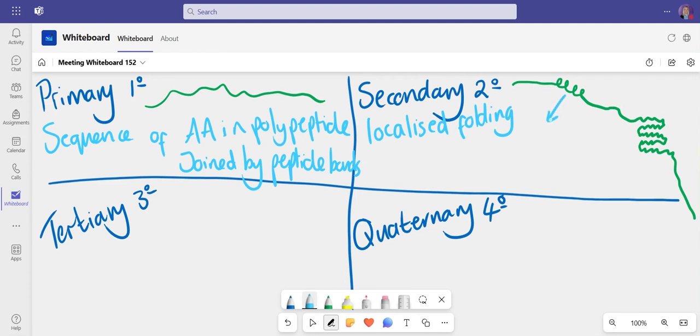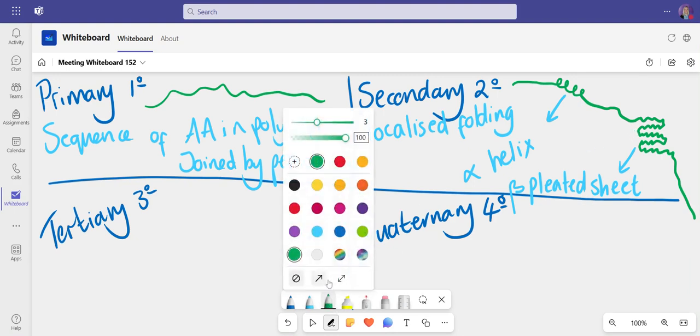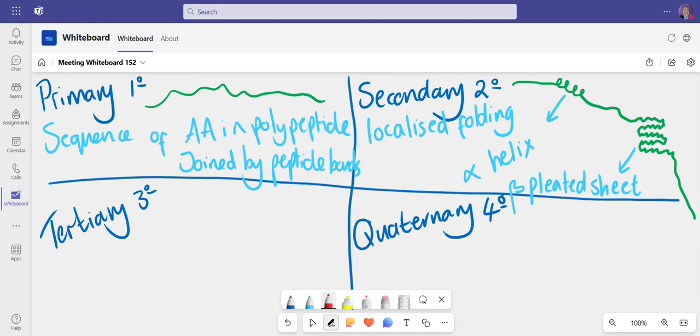We need to know a little bit about these structures. So this one here is called an alpha helix, and this one here is called a beta pleated sheet. So we need to know those two examples of secondary structure. Now, those structures, the alpha helix and the beta pleated sheet, are held together by hydrogen bonds.